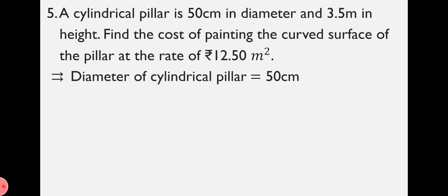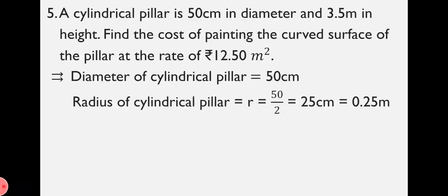For solution, diameter of cylindrical pillar equal to 50 centimeter. Always, if diameter is given, we have to convert it into radius, because in all the formulas we use the radius only. And you have to also see whether the units are the same or not. That is, radius of cylindrical pillar is equal to 50 upon 2, that will be equal to 25 centimeter.